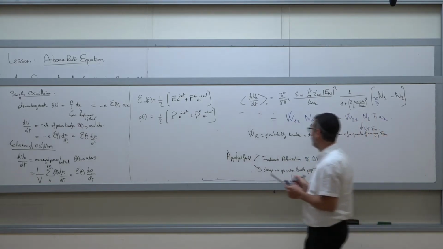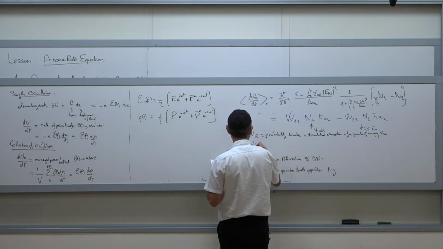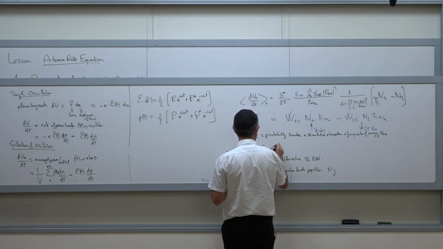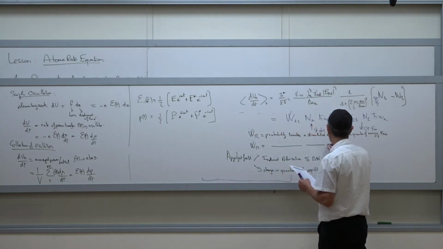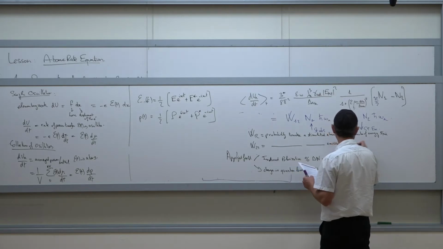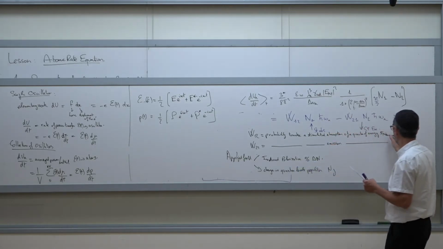And W21 is the probability to make a stimulated emission of a quantum of energy h bar omega a.